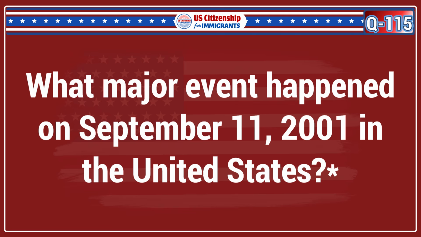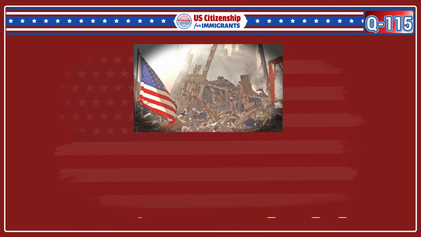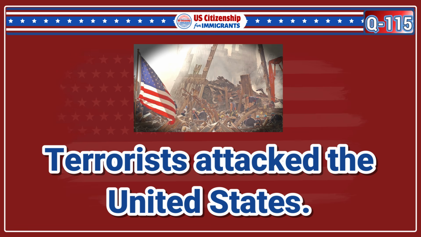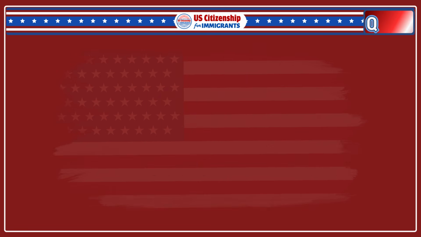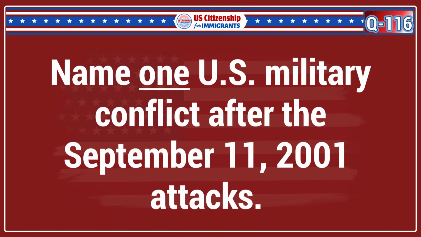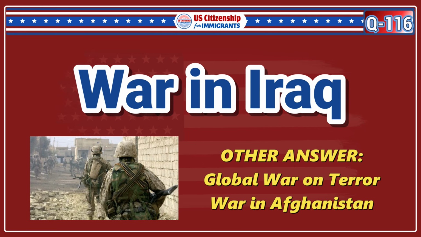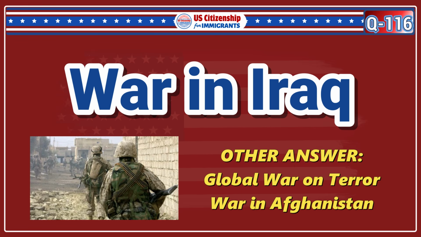What major event happened on September 11, 2001 in the United States? Terrorists attacked the United States. 116. Name one U.S. military conflict after the September 11, 2001 attacks. War in Iraq.